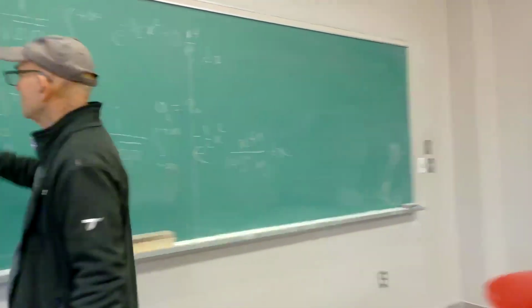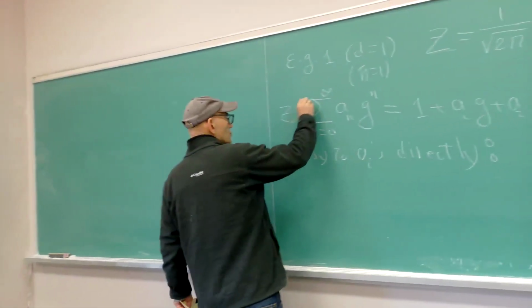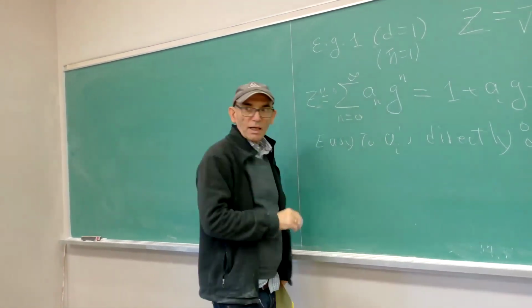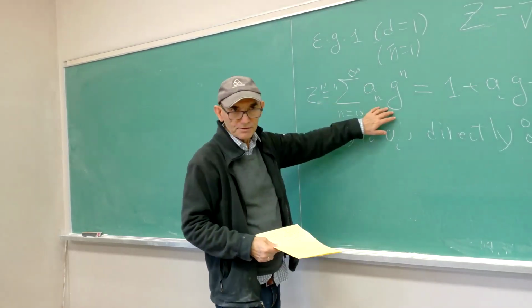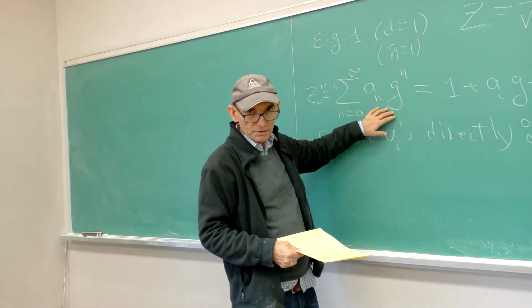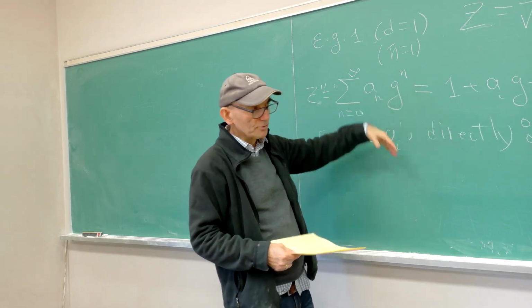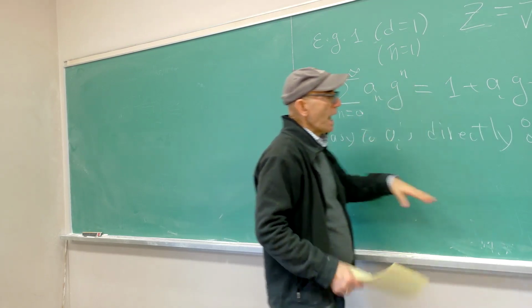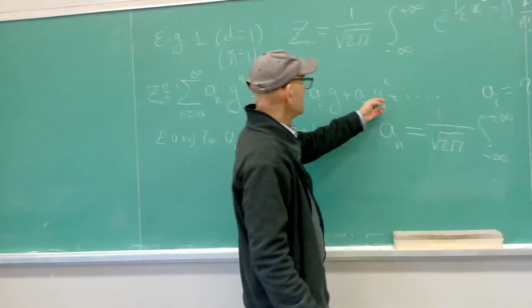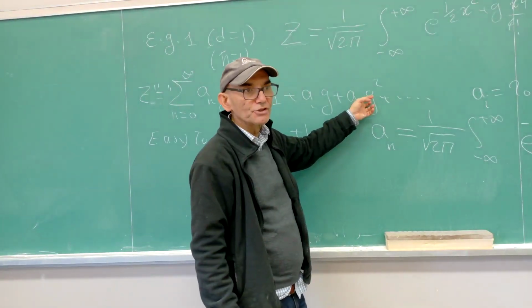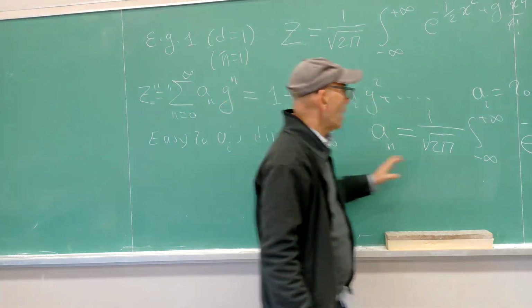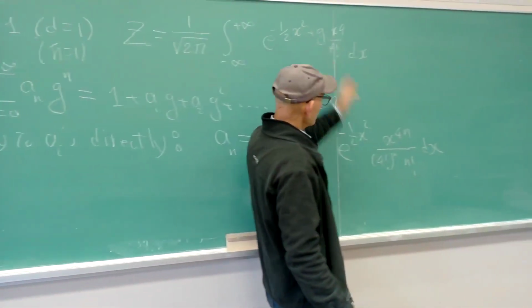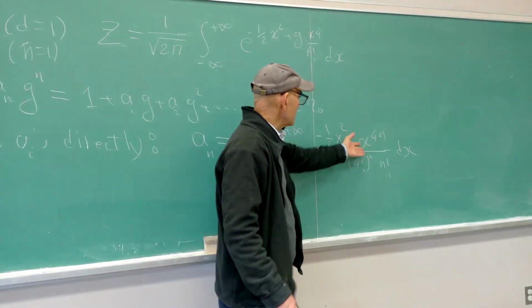By the way, let me emphasize that when I say Z equals this, it's not the value. This is just a perturbative series that we assign. It's just a formal power series, and this series is actually divergent for all g, no matter how small g is. But this is just expanding the exponential, and you get this term, which is very easy.